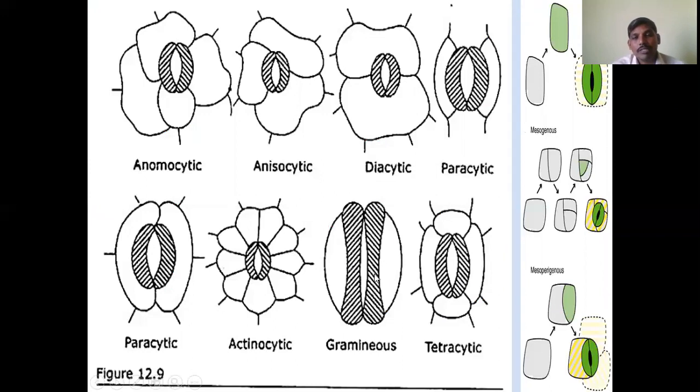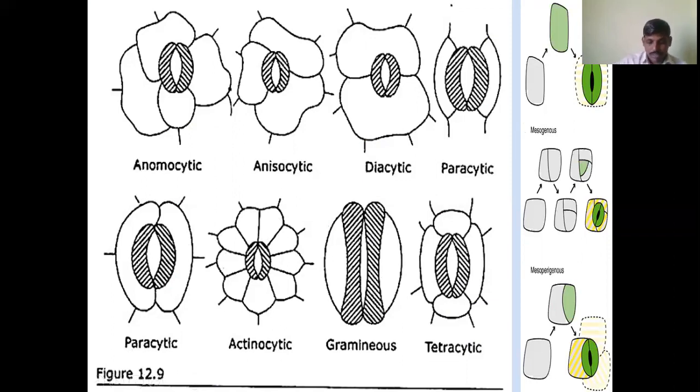In the graminaceous members, dumbbell-shaped guard cells are there. And actinocytic means a number of subsidiary cells surround the guard cells, arranged in a radial or radiating manner. So that is called actinocytic.